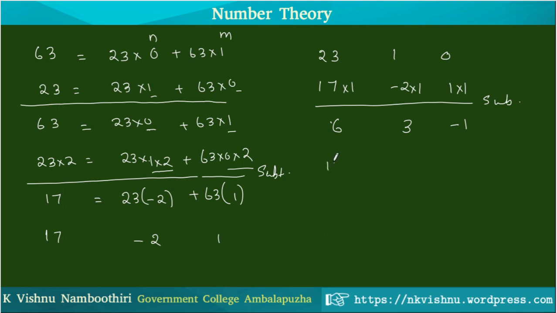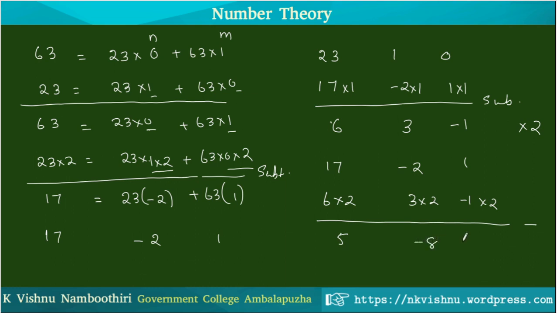So we are just rewriting that 17 minus 2. So this row 17 minus 2, 1, and from that 6 into 2, 3 into 2, this row into 2, this into 2 I am subtracting, 3 into 2 minus 1 into 2. So on subtraction, we get 5 minus 8, 3.